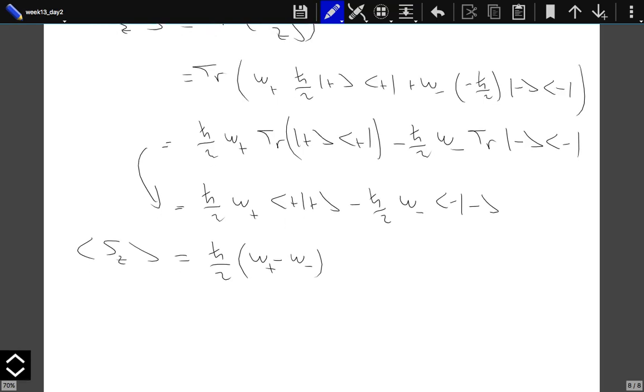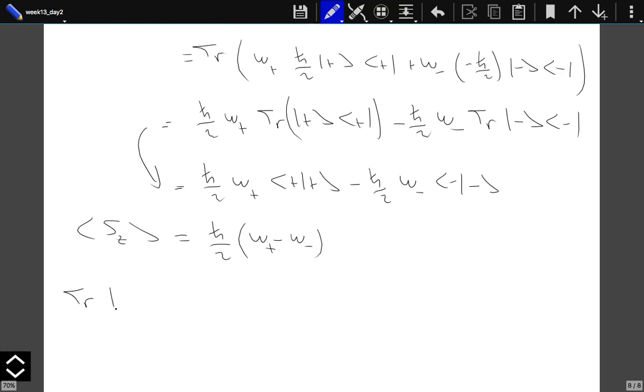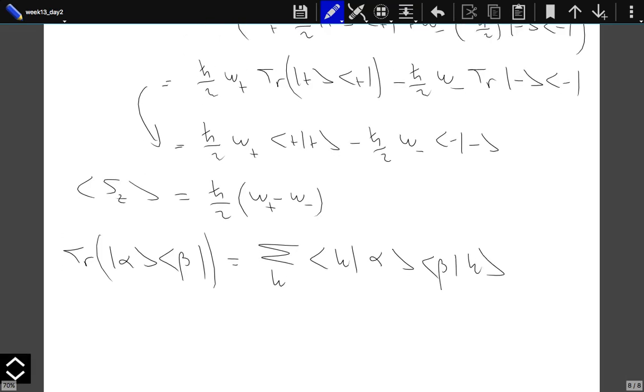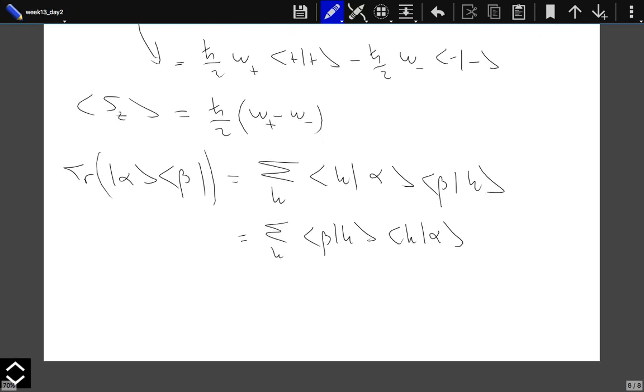In this step, you see, in general, if you have the trace of alpha beta, you just choose an orthonormal basis. In that orthonormal basis, the definition of the trace is sum over k of k alpha beta k. This is equal to sum over k of beta k k alpha.